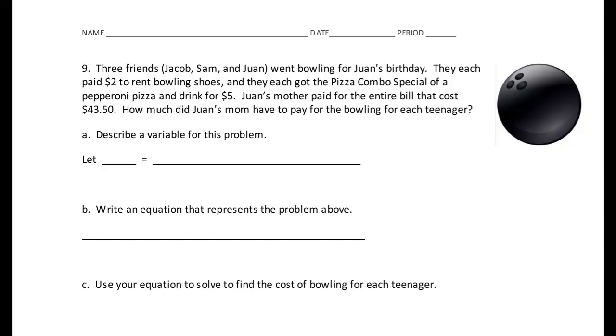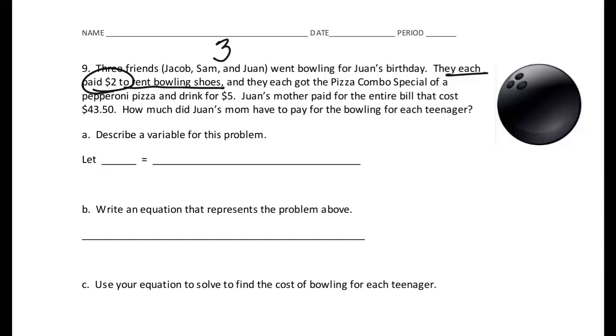Yeah? So 3 friends, Jacob, Sam, and Juan, went bowling for Juan's birthday. They each paid $2 to rent bowling shoes. Okay, so how many people do we have going for bowling? 3. And they each paid $2 to get shoes.